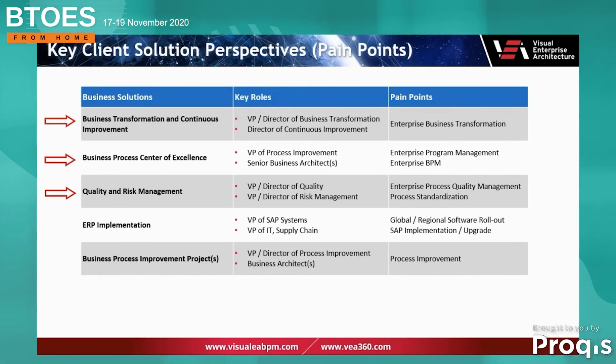The Process Center of Excellence is the operators of this transportation network, ensuring that there's consistency in the way that the network is used and facilitating maintenance and operation of this network over time. Quality and risk management individuals are participants in this network. They use this transportation network to achieve their business objectives.